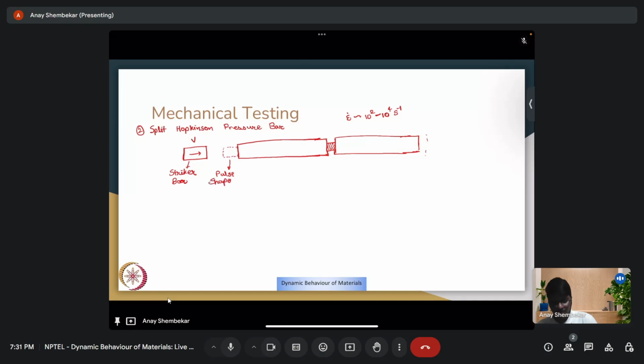We'll come to that in a moment. You have a strain gauge here on your incident bar, and it has some properties of area and C naught. Another dotted line here. Next up, you have another strain gauge for the transmitted bar.